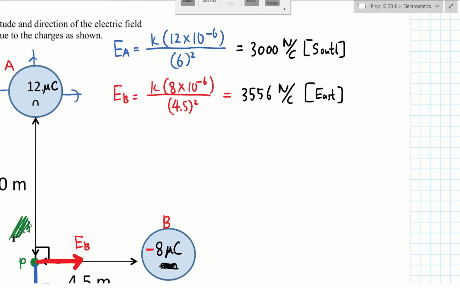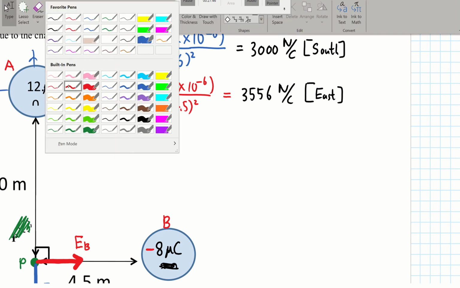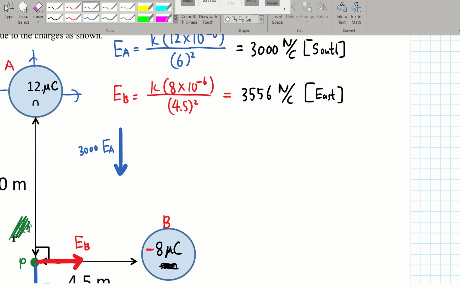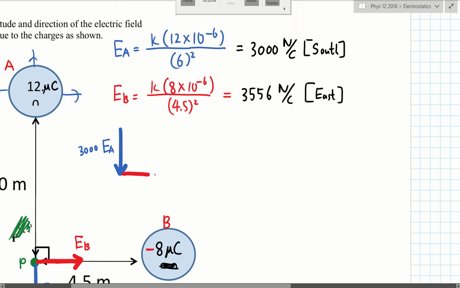So what we need to do instead is draw out those two vectors, which is actually not that hard. So we start with the blue one, which is going to the south, and it's 3,000. So this way, this is going to be our electric field A. And how big is that? It's 3,000. Okay, so that's the magnitude. And then we have our electric field B, which is going to the east, which is this way, and it's slightly bigger.